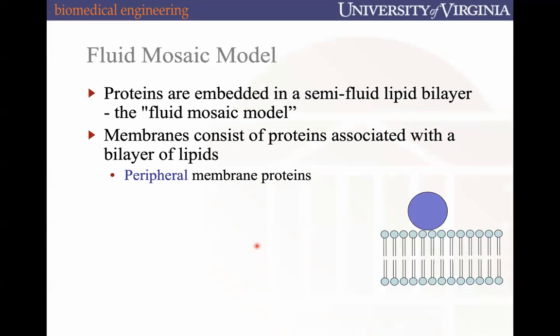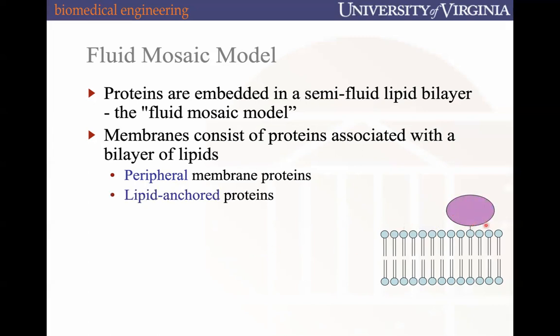A couple of different types of proteins are generally associated with the cell membrane. We have peripheral membrane proteins, which are connected to the membrane through electrostatic interactions. They're generally on the outside of the lipid bilayer, associated with the head groups. We're also going to have lipid anchored proteins.